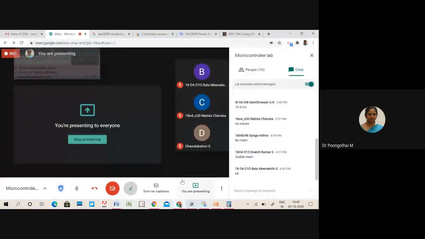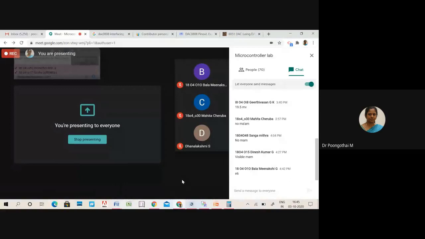I have already circulated the output format document. After simulation, paste your Proteus simulation circuit and fill the output table. Okay.